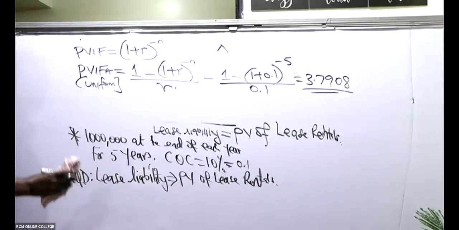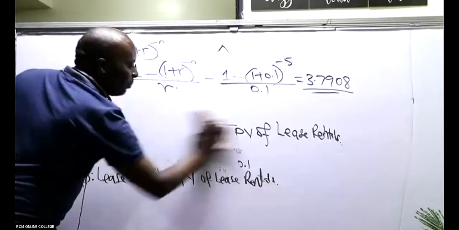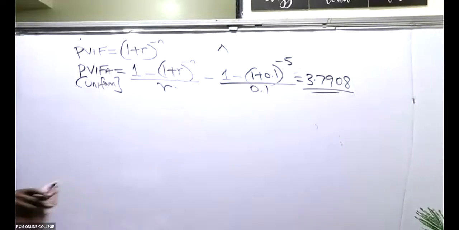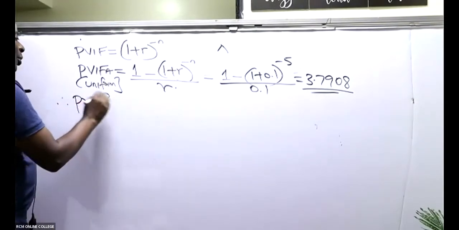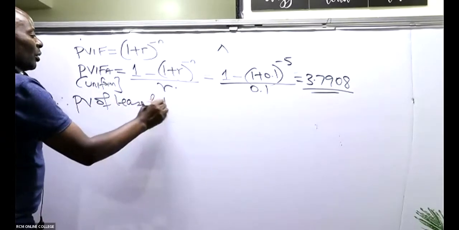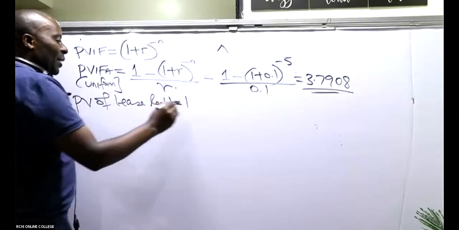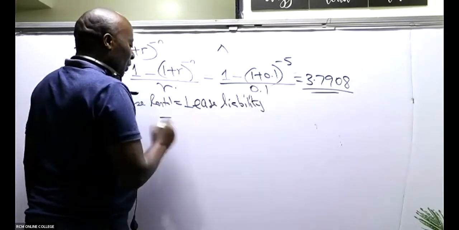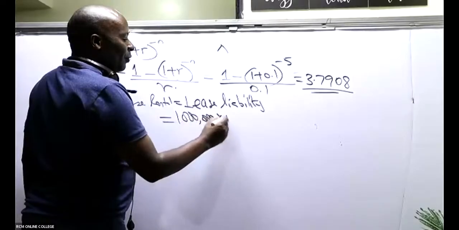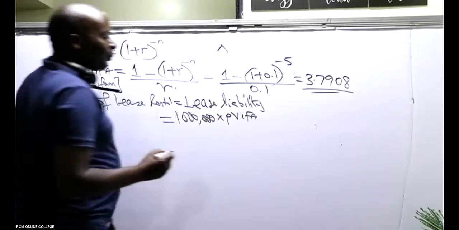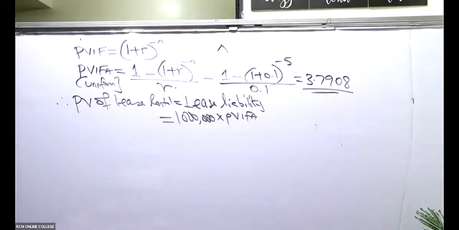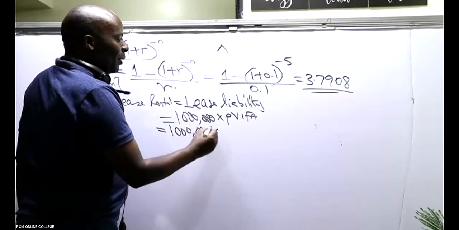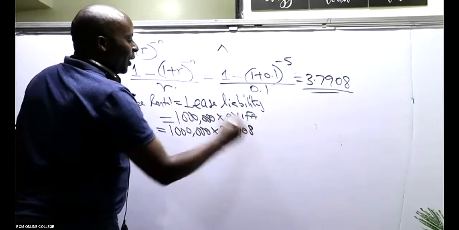And therefore, the present value of our lease rentals, which will be our lease liability, will be equal to the annuity of $1 million times PVIFA. So this one here will be $1 million, which you are paying every year, times PVIFA of 3.7908.